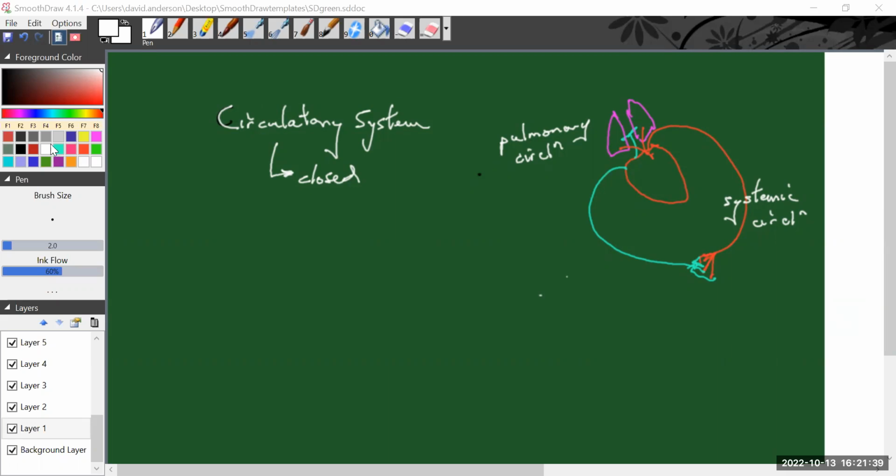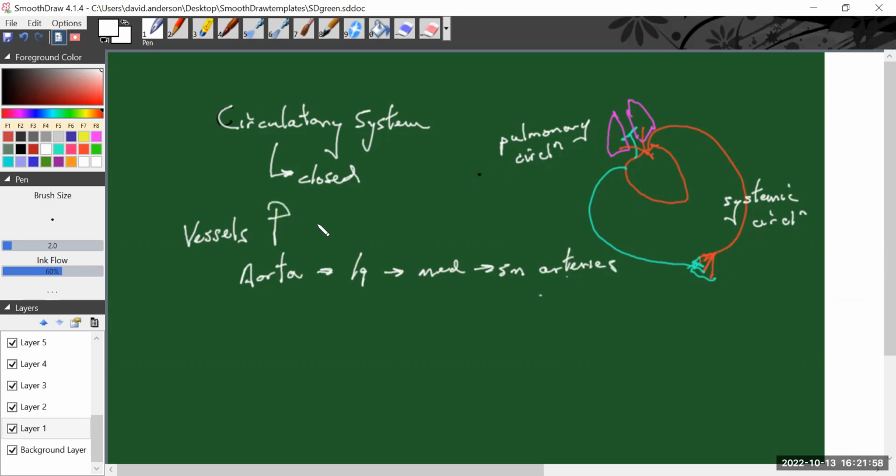And we know that when we look at the vessels, when we leave the heart, we leave through the aorta, large, medium, small arteries. And pressure goes from big to less.